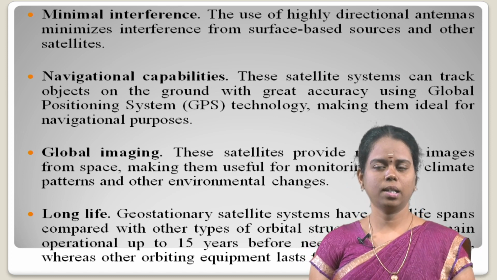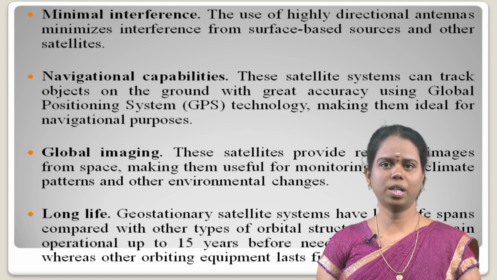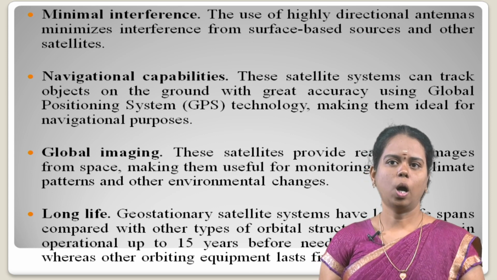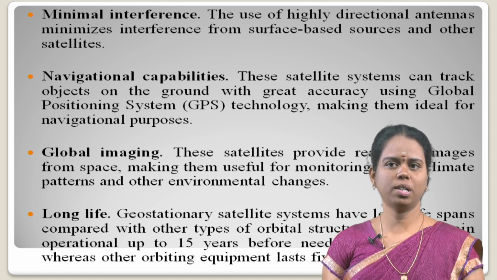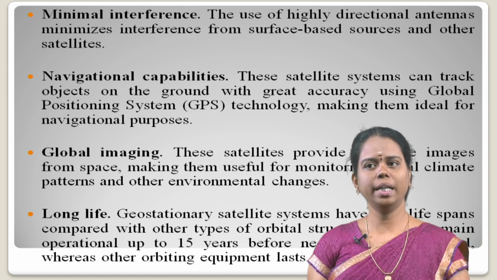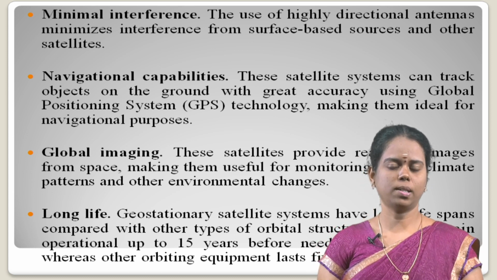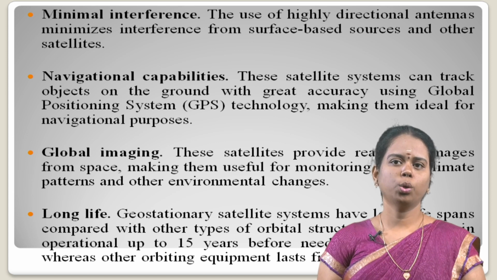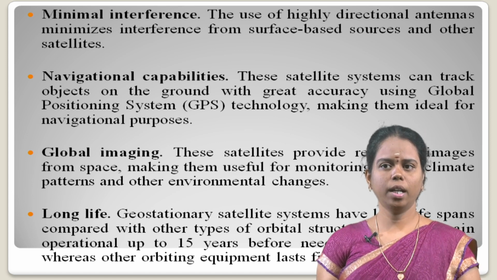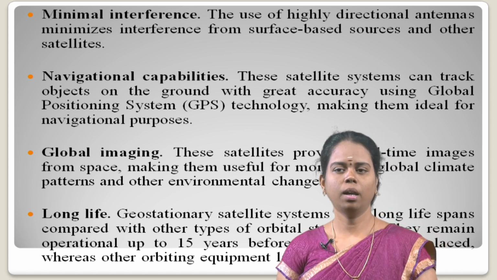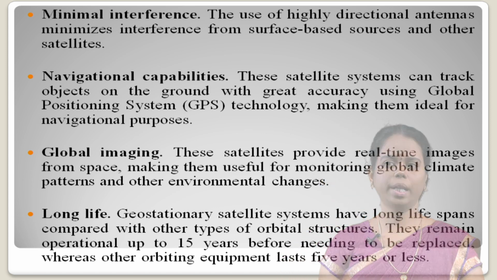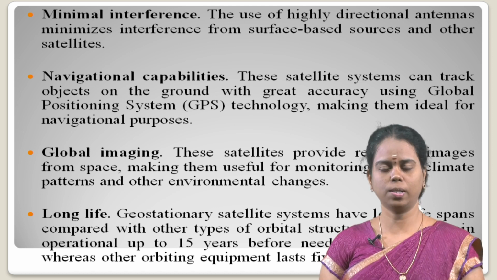Navigational capabilities: the satellite system can track objects on the ground with great accuracy using Global Positioning System, GPS, technology, making them ideal for navigational processes. Next one is global imaging. The satellites provide real-time images from space, making them useful for monitoring global climate patterns and other environmental changes.